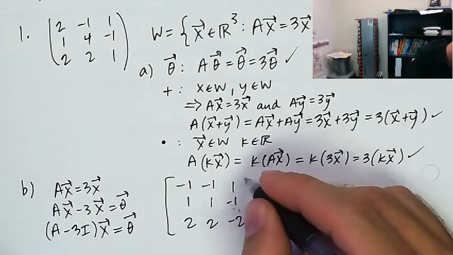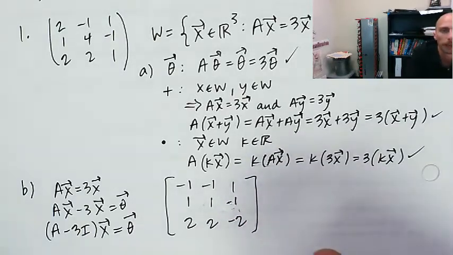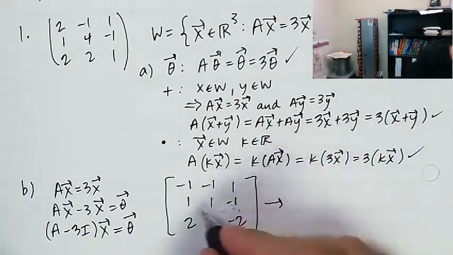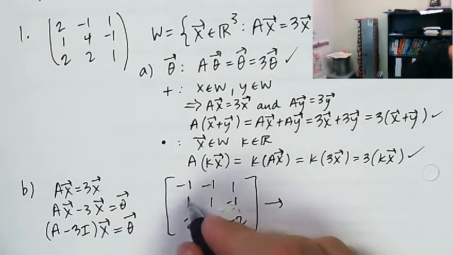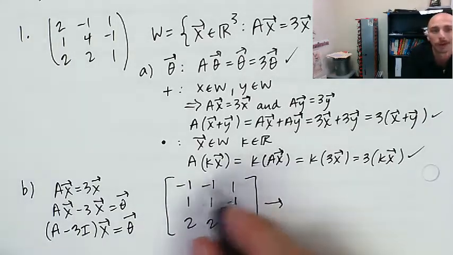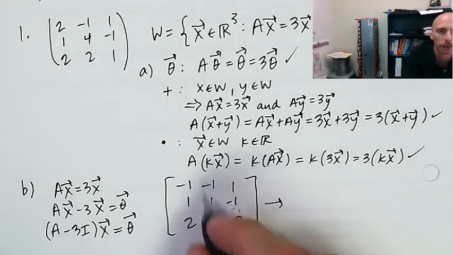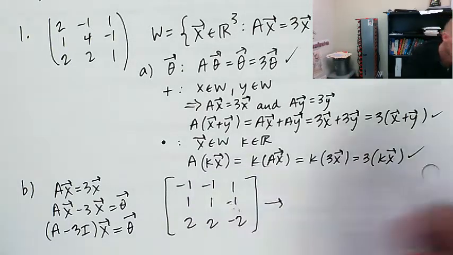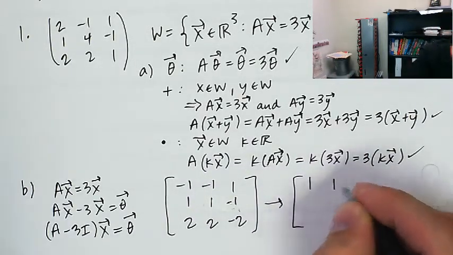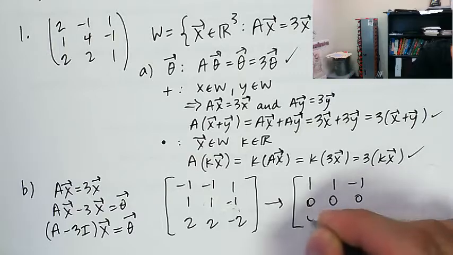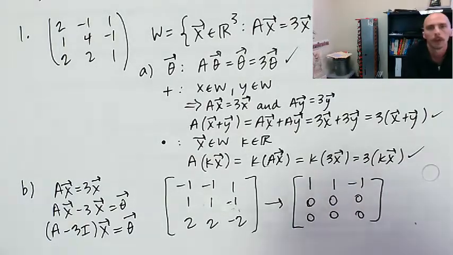Okay, so this thing looks very row reducible, right? Maybe I multiply this by negative 1, make everything positive. But this is just a scalar version of that, and this is also a negative version of that. So I'm just going to end up with 1, 1, negative 1, 0, 0, 0, 0, 0, 0.